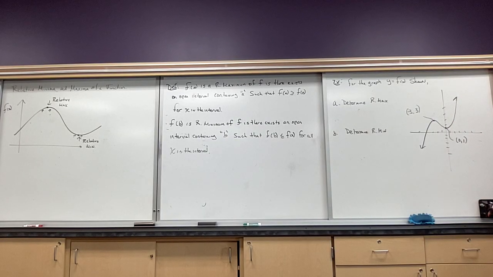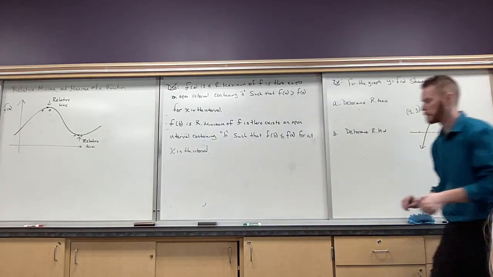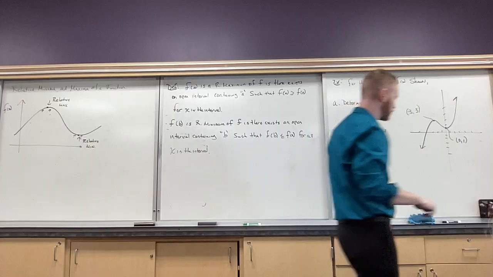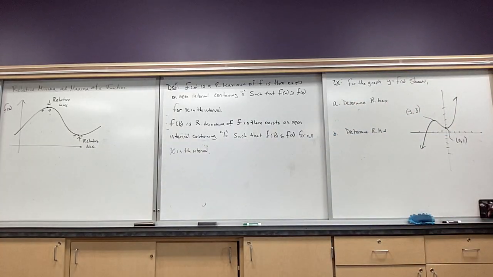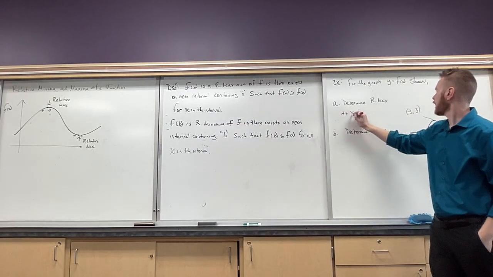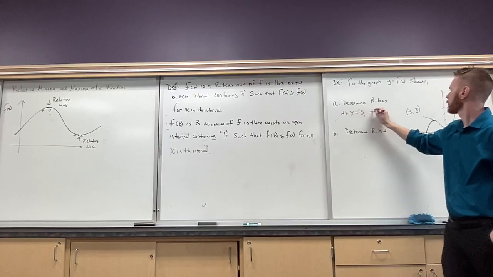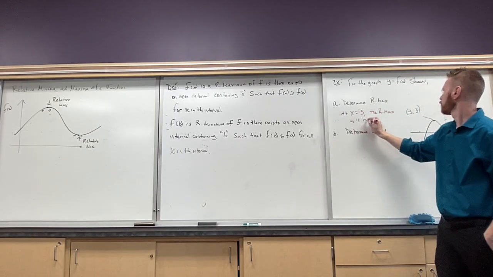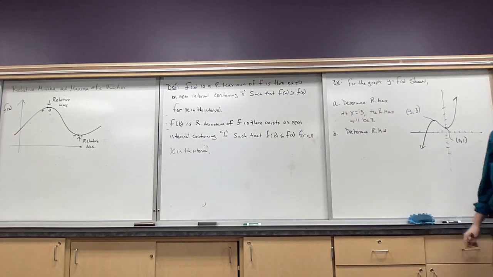So, let's determine it. Get that red marker again. Okay, so where's the relative max value? Where's the largest y value between our two end behaviors? It's this guy, right? Okay, so here's how we can write it. At x equals -3, the relative max will be 3.